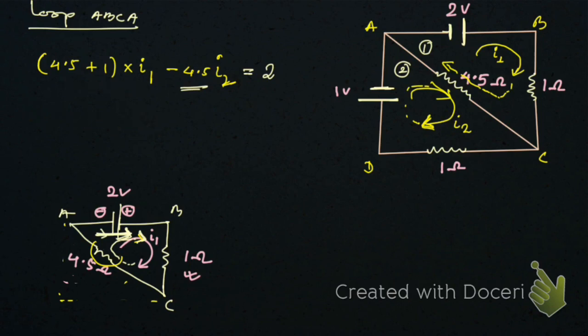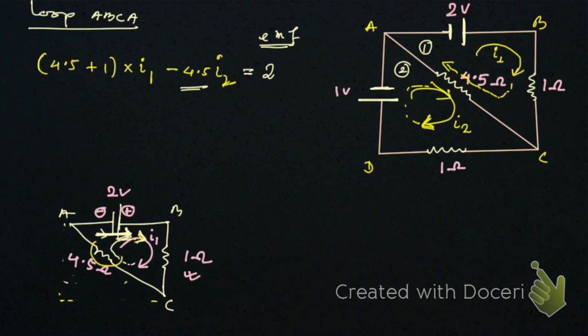So just remember, write the EMF or voltage of the battery on the right hand side. In that case, if the direction of the current that you have chosen is from minus to plus, then take positive on the right hand side. So just remember, write the EMF on this side and take positive.